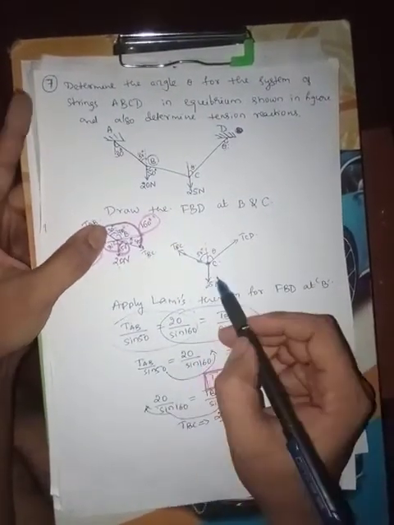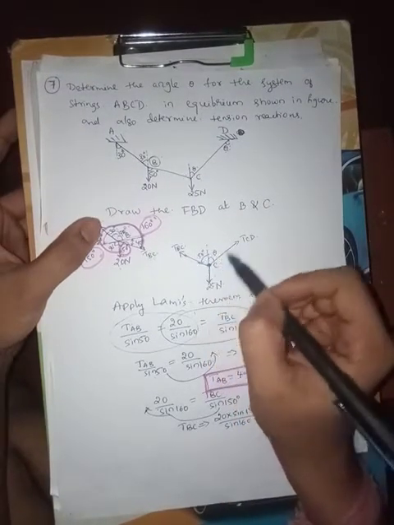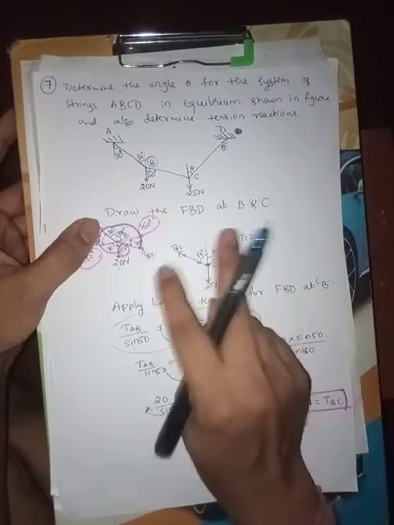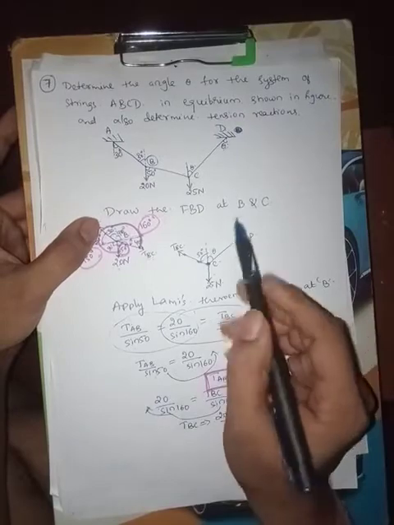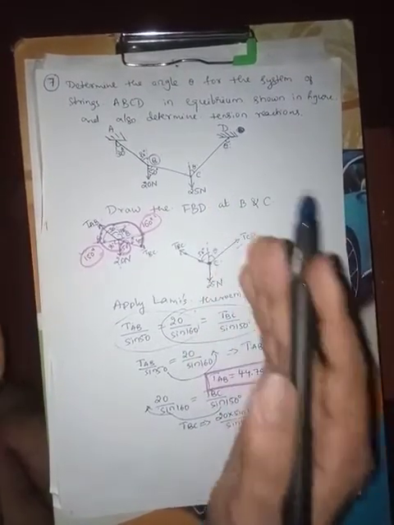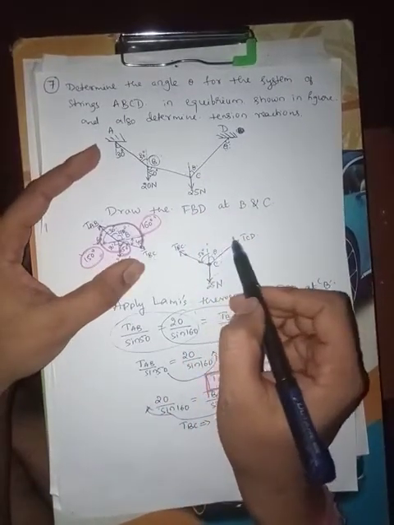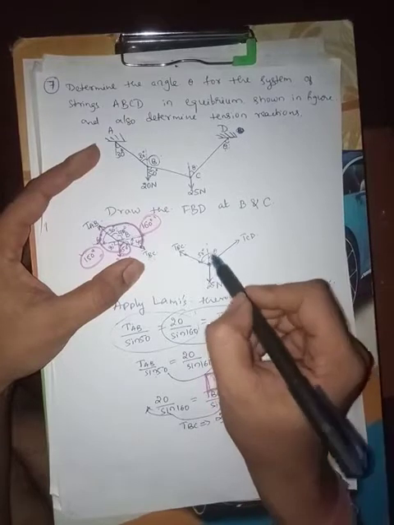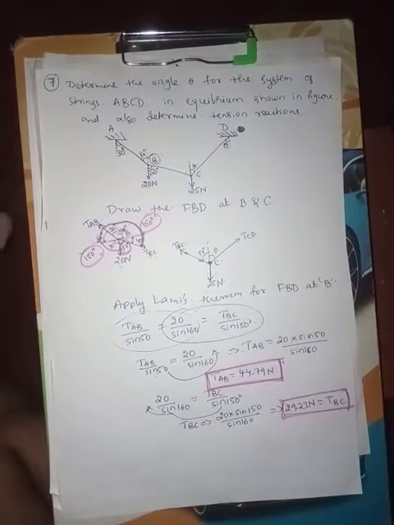If we look at this figure, we can't directly apply Lami's theorem in the first instance because we don't know the angle between any two forces. The angle between TBC and TCD, we know only on one part of the vertical plane. On the other part we don't know the angle, which is theta. So we can't directly apply Lami's theorem here.